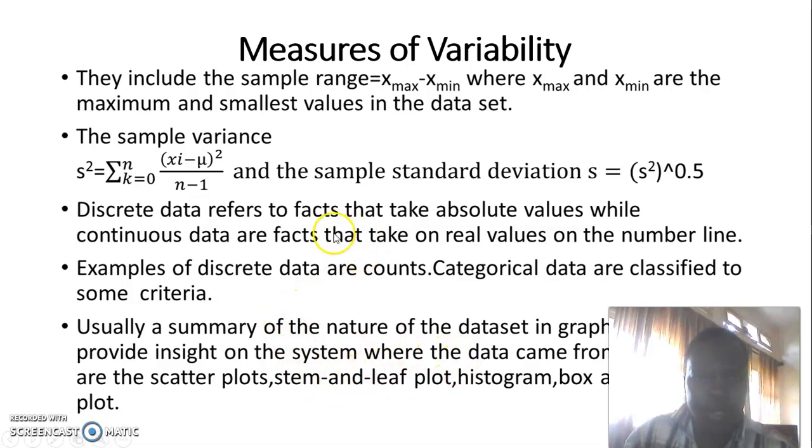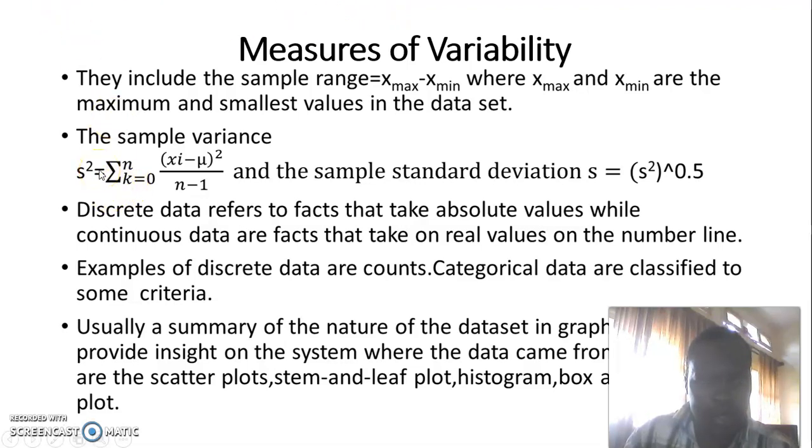Measures of variability: one measure is the range. The second measure is the sample variance. The range is defined by the difference between the maximum value and the minimum value, given by x maximum and x minimum.